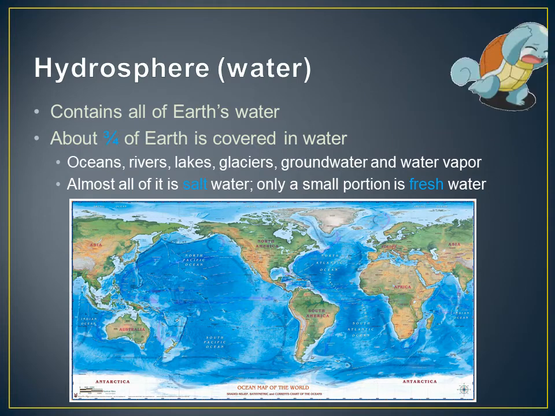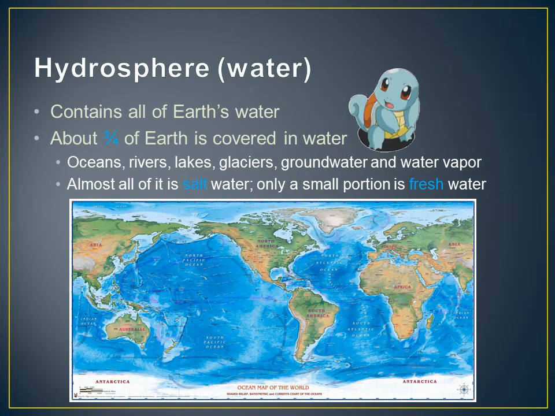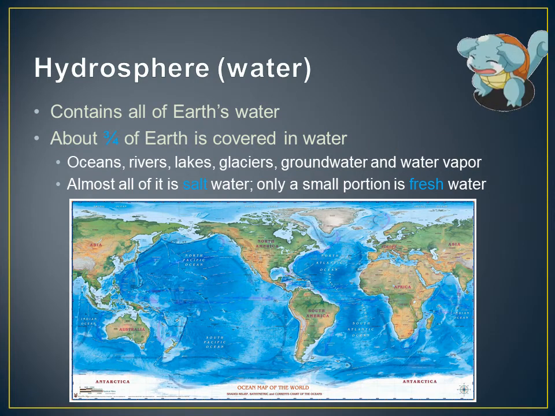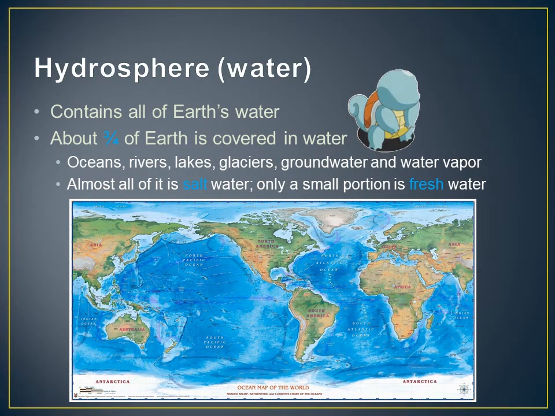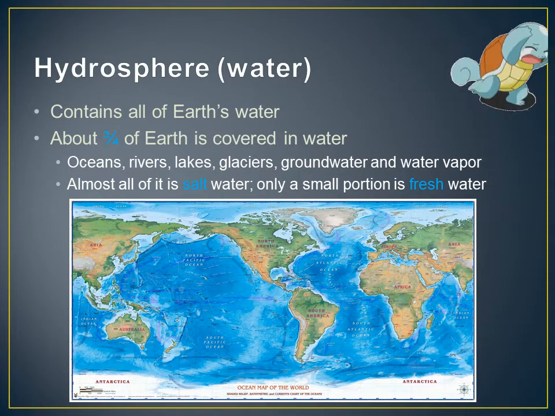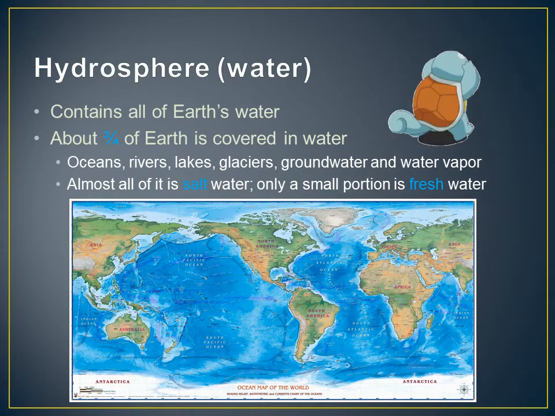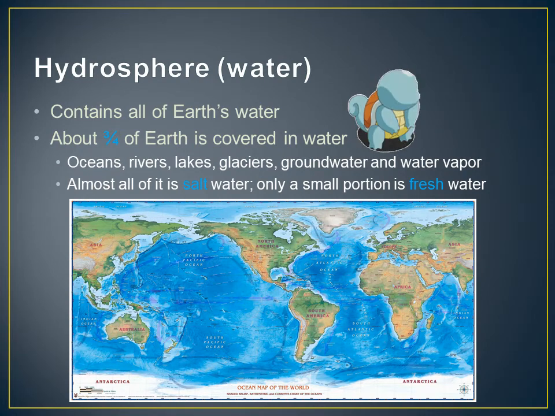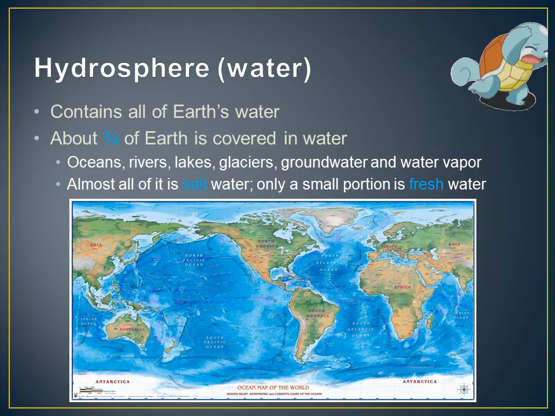Now, this includes oceans, rivers, lakes, but it also includes glaciers, right? Frozen water. It includes groundwater, water under the ground, and water vapor, okay? Water in the air.